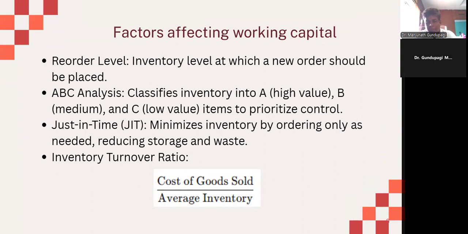Just in time is one of the popular techniques used to minimize inventory by ordering only when the need arises, so that we can reduce storage and wastage of inventory. And another important indicator, the inventory turnover ratio, is calculated as cost of goods sold divided by average inventory.